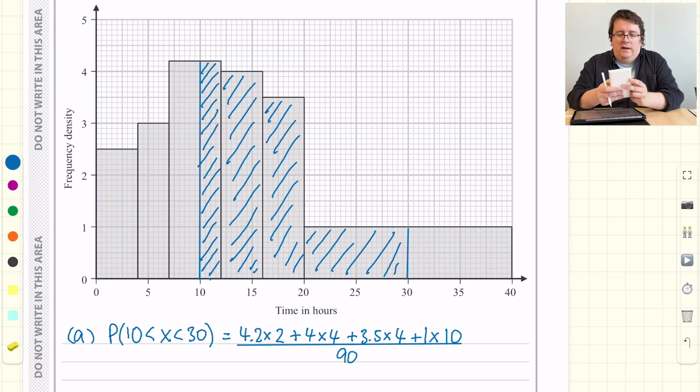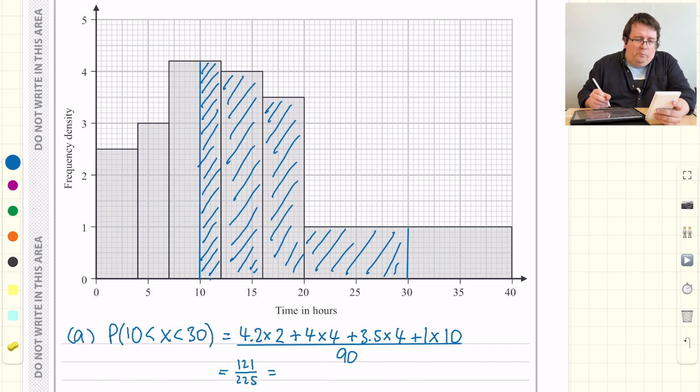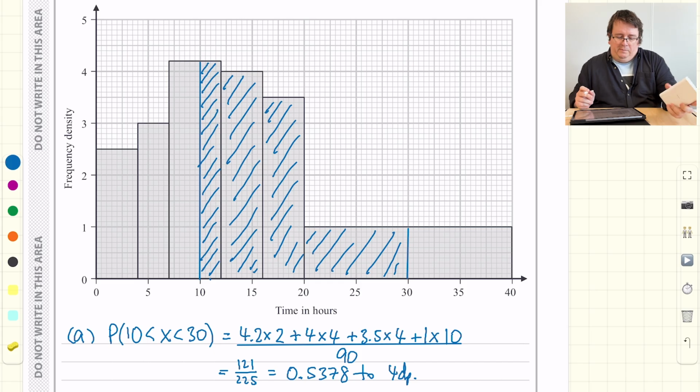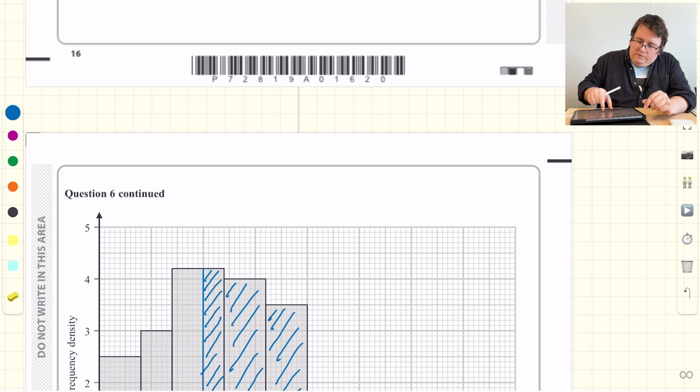Okay, so we have 4.2 times 2 plus 4 times 4 plus 3.5 times 4 plus 1 times 10 divided by 90, and that's 121 over 225, which is 0.5378 to 4 decimal places. Okay, let's have a look at the next bit.